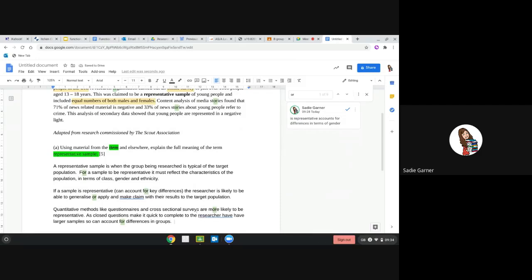Quantitative methods like questionnaires and cross-sectional surveys are more likely to be representative, as closed questions make it quick to complete. The researcher can generate larger samples and so can account for differences based on class, gender, and ethnicity.